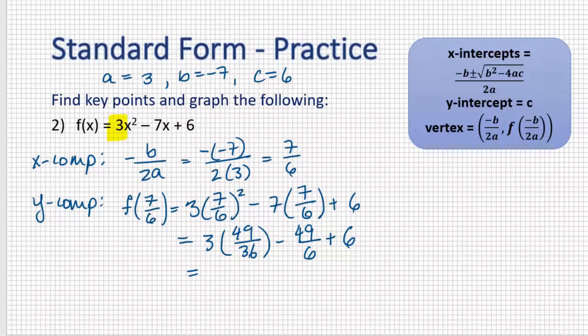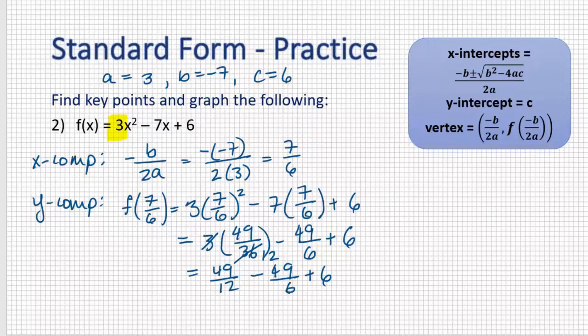3 times 49 over 36 can be simplified before we do the multiplication. If we realize that 3 and 36 are both divisible by 3, that leaves us with 12 in the denominator. So we have 49 over 12 minus 49 over 6 plus 6.